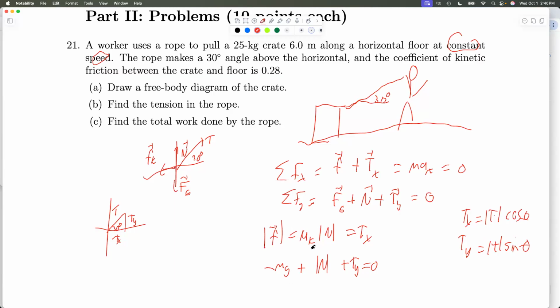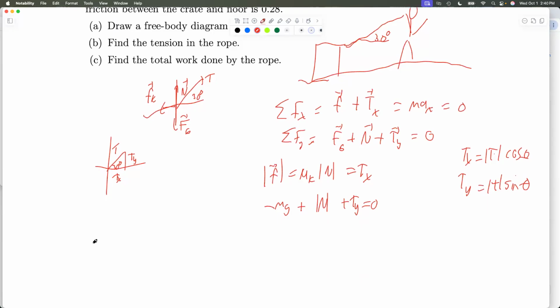Okay, so we're going to have a system of equations with N and T in them. So this will be mu k times N. I'm just going to write N to mean magnitude of N, with no vector on it, and T for the magnitude of T. So mu k N equals T cosine of 30 degrees, and negative mg plus N plus T sine of 30 equals 0.